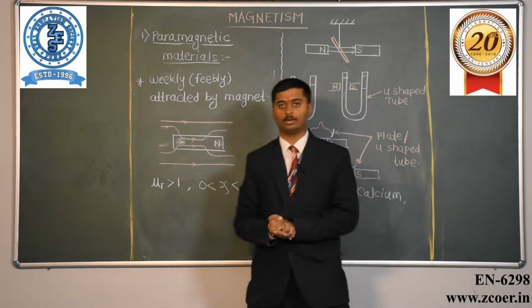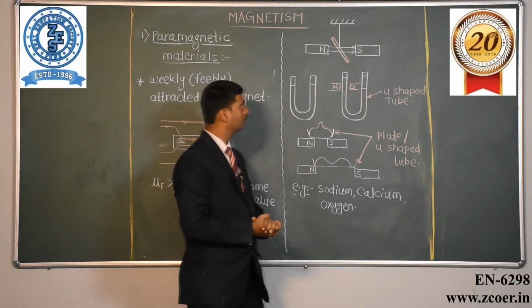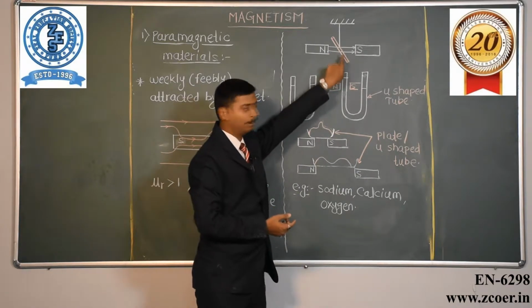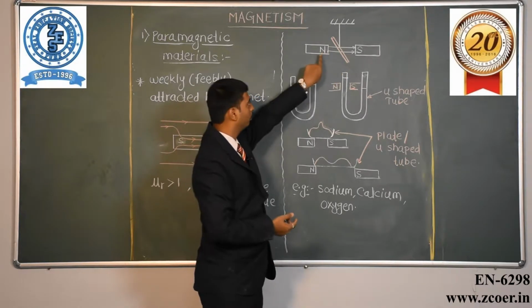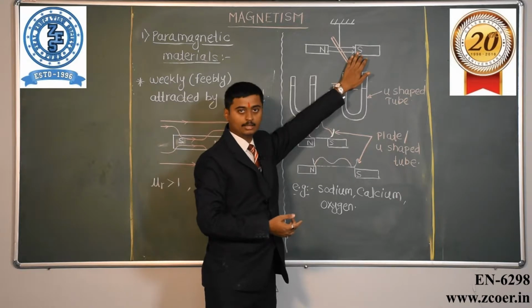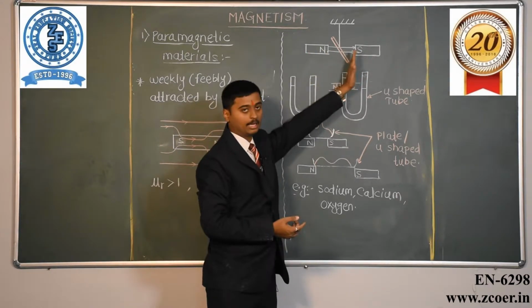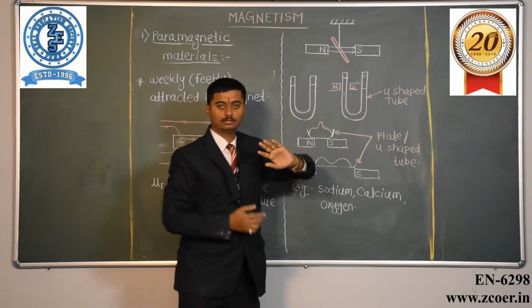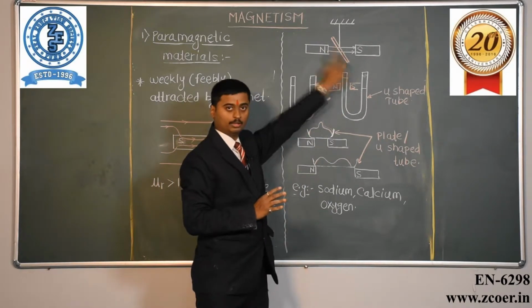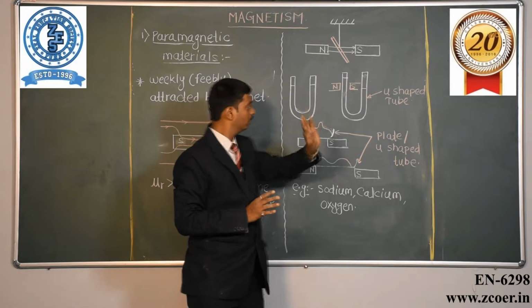Again, moving towards the properties of paramagnetic material. First property: if we place a paramagnetic rod in between the north pole and the south pole, or in between two magnets, then it will align in the direction of the magnetic field. That means the direction of the paramagnetic rod is from north to south pole.